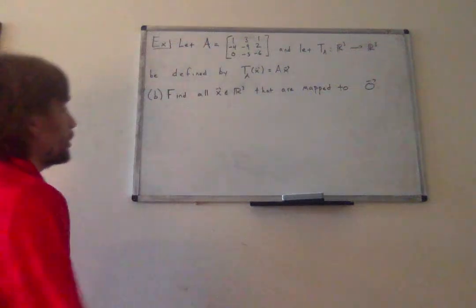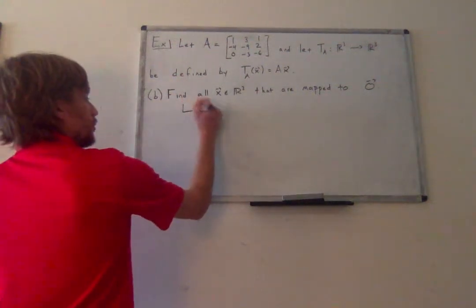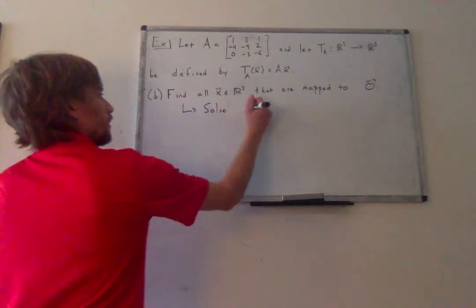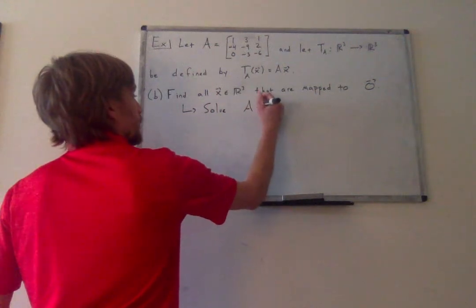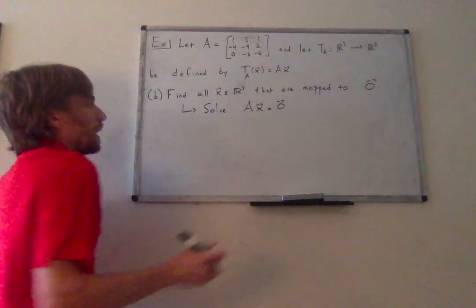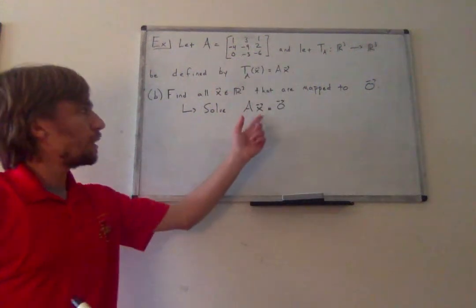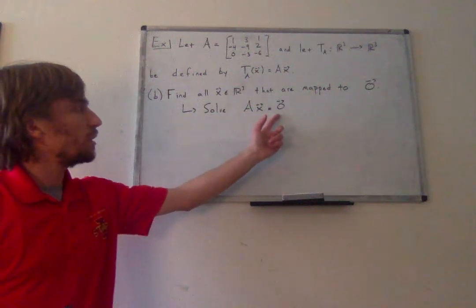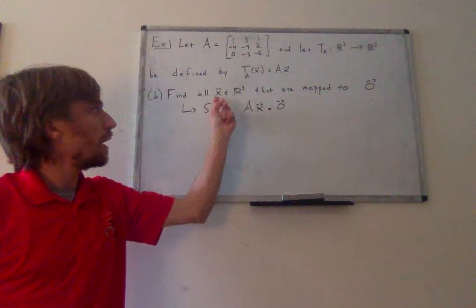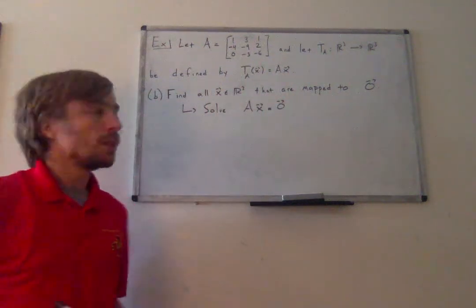And so what this question is asking us to do in reality is solve the matrix equation AX equals 0, where here this is our matrix A. Because notice, if A times X equals 0, then by definition of our linear transformation, X is mapped to 0.